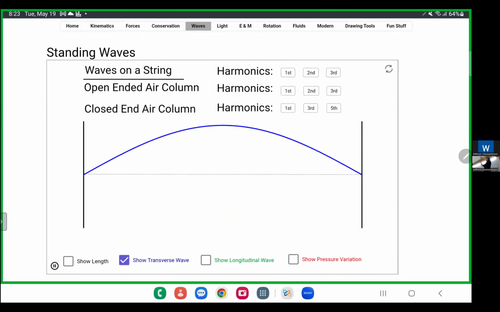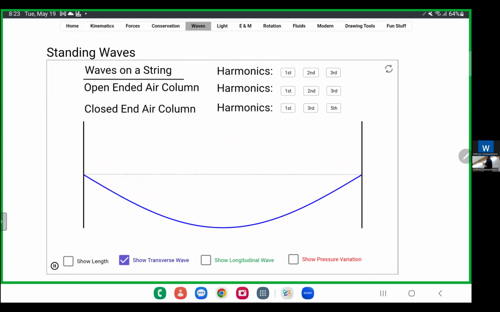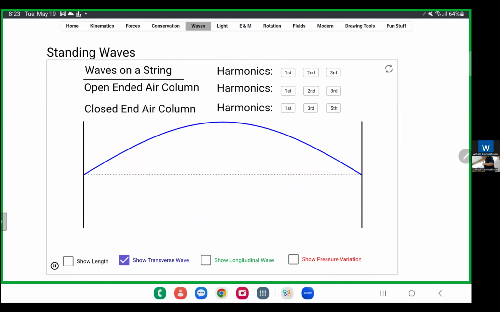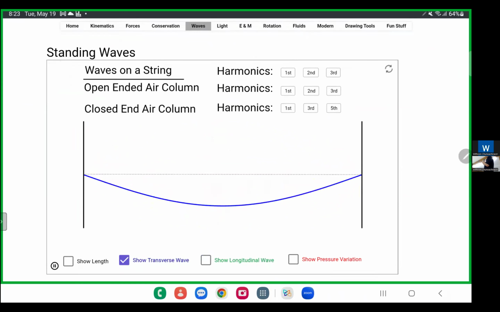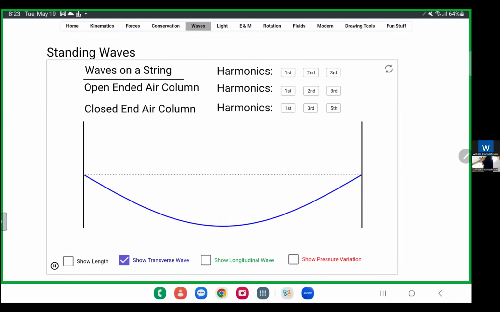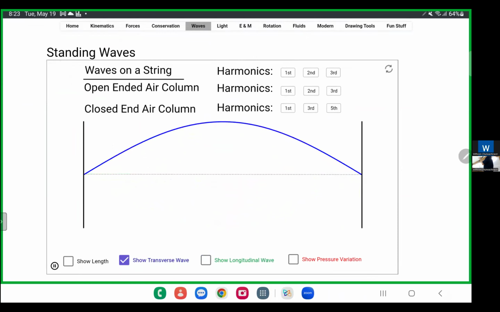So if you just pluck it, it's going to oscillate up and down. But this is the simplest case. The reason that it has to go like this is because it has fixed end points. The left end and the right end of this string have been fixed. It cannot move. So it's restricted to be zero displacement forever.